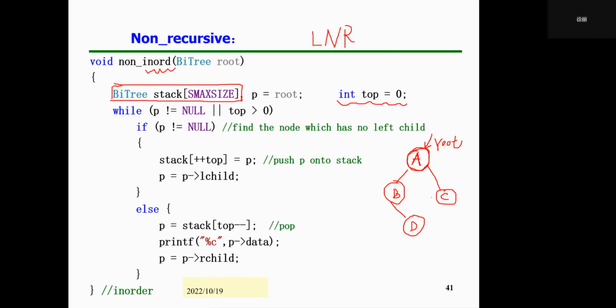So since this is the rule of inorder, for this binary tree, when we want to get the order of inorder, the first thing we need to do is to inorder the left subtree of A, right?